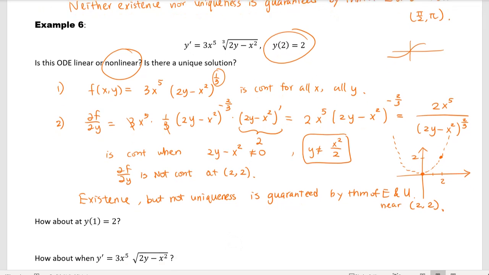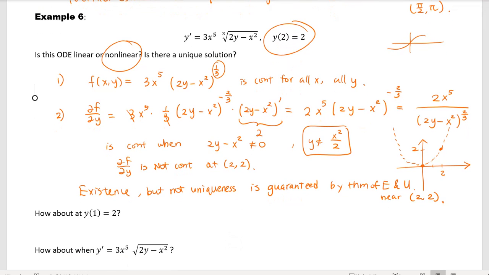Okay, how about the point y of 1 equals 2? So this is (1, 2). You can see (1, 2) is right here. Oh, this is good. You can see at (1, 2), we have f and partial f partial y both continuous near it.